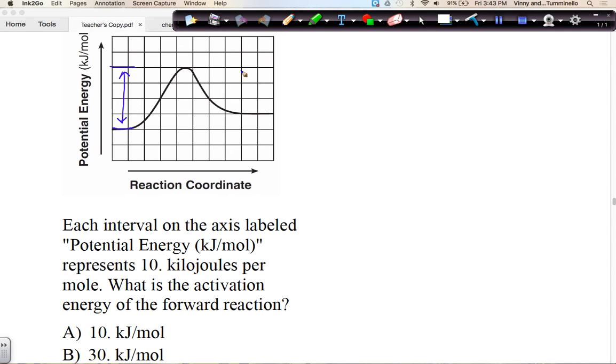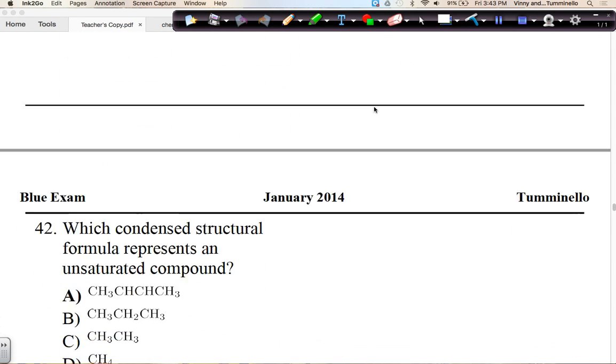And even though they weren't asking about it, if they were asking about the reverse activation energy, that would be from the products to the top. So I'm going to erase that one because that's not what they're asking about. They said that each box is 10. So this is 10, 20, 30, 40 kilojoules per mole when we count it out on the graph there. So the activation energy is 40.